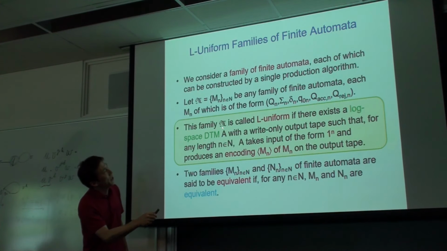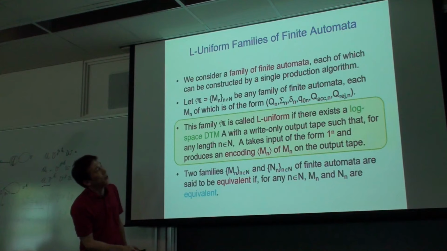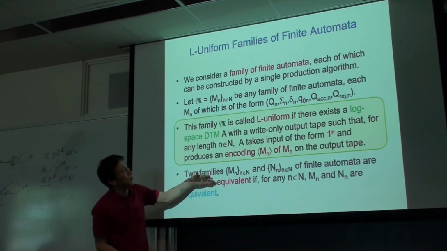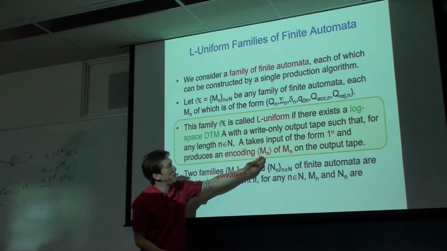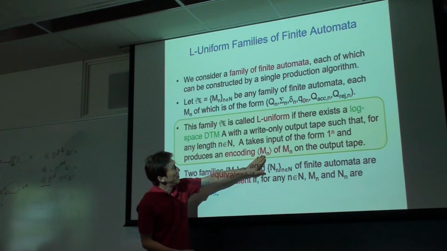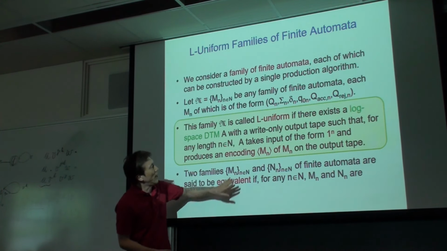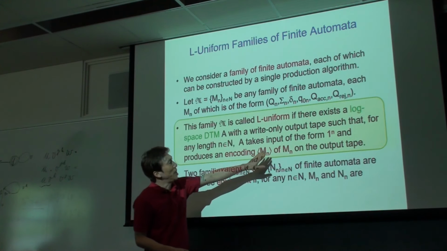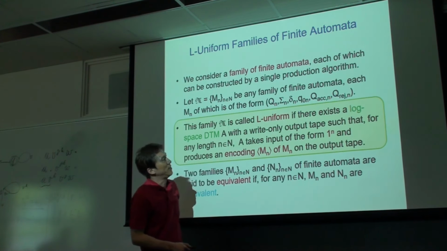So the family of the finite state automata is called L-uniform when there exists a log space deterministic Turing machine that actually can produce each individual finite automaton. Well, actually, it's an encoding of the finite automaton, whenever 1 to the n is given.